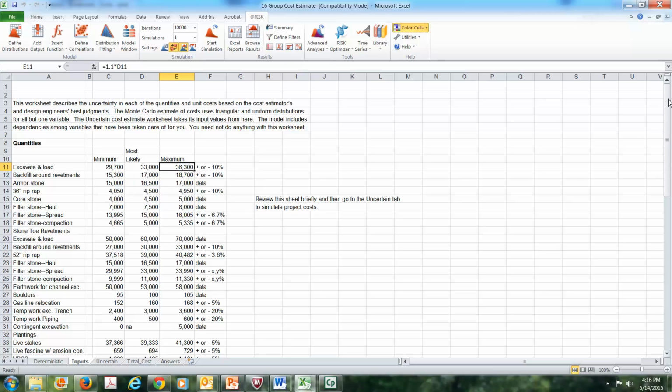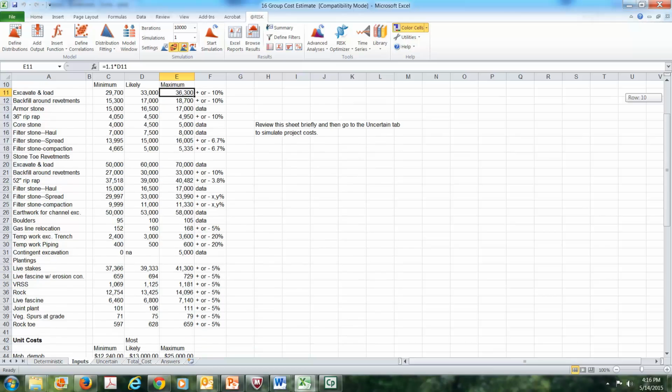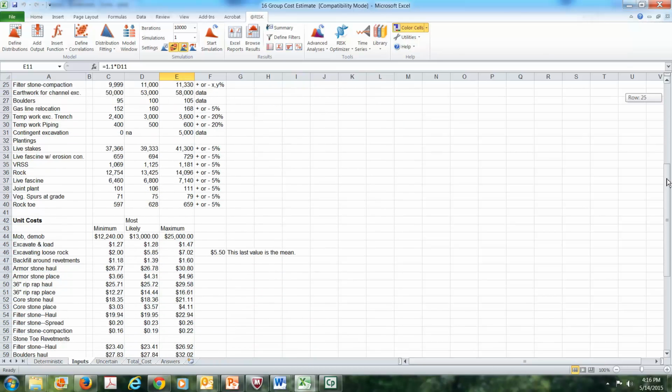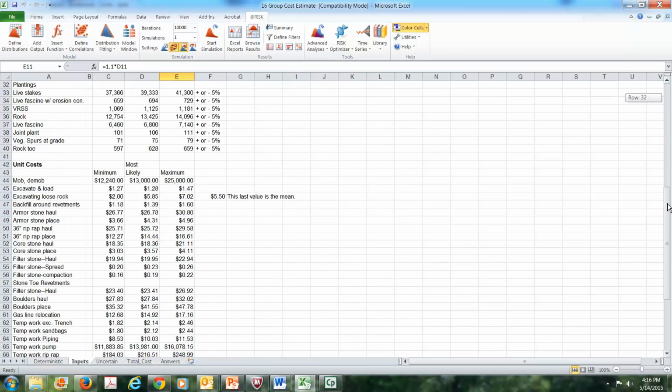And if we take a look down through all of these different quantities and then the unit cost, we see the same thing has been done. And let's pick the unit cost for this. The most likely number was $1.28. The district folks said, I don't see it being much less, maybe a penny, could be $1.27. But when we said, could it be higher? They said, well, yes, it could. And you'll notice there's an asymmetry here.